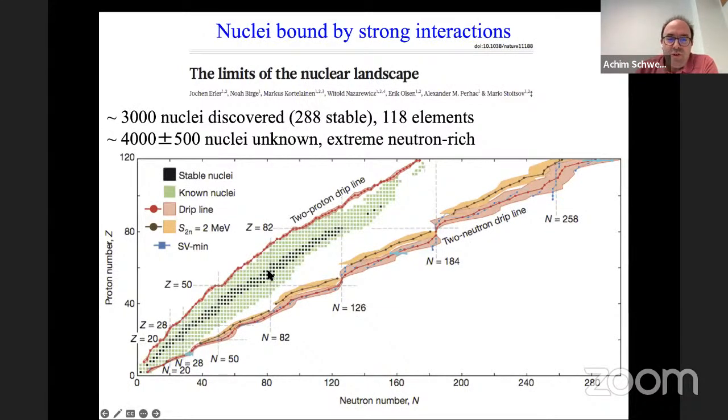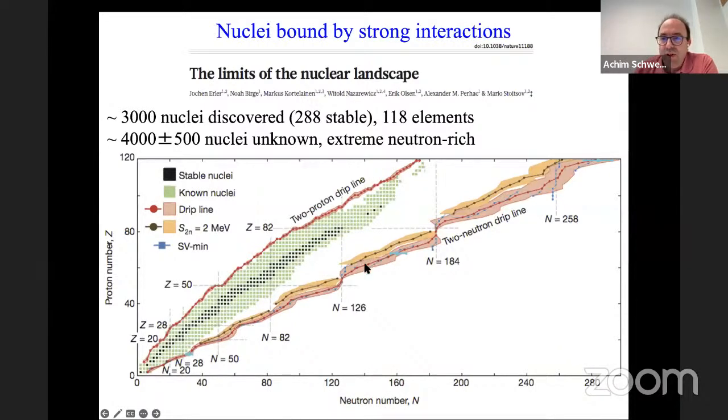And as you know, if we add neutrons to stable nuclei, nuclei become unstable, they beta decay, but there are many bound by the strong interaction. And between these two lines here, the so-called proton drip line, up to where protons still stick to the nucleus, afterwards they drip out, so no particle-bound nuclei exist.